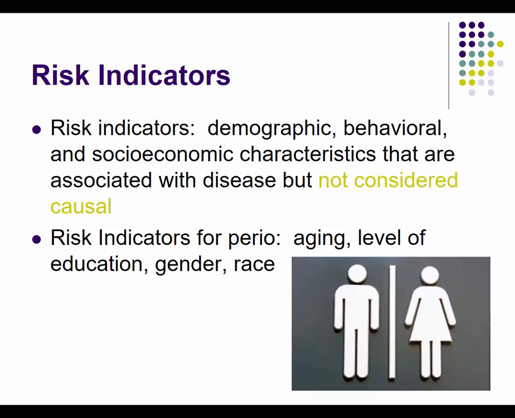They're not causative, but they're demographic characteristics that tend to be associated with that disease. Does that make sense? Some of the risk indicators for perio are going to be age, level of education, gender, or sex assigned at birth, not gender identity, and race.